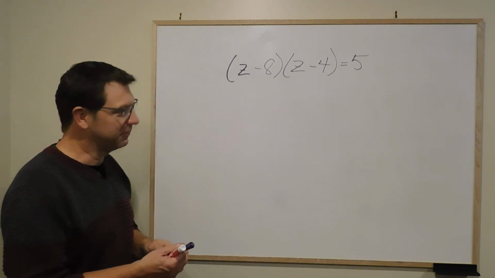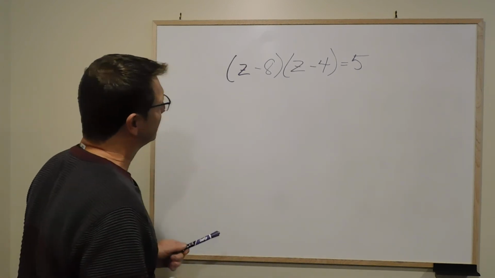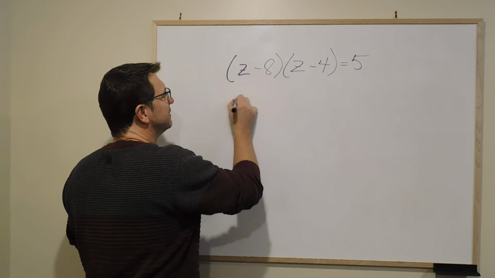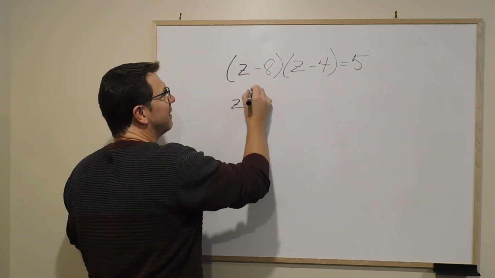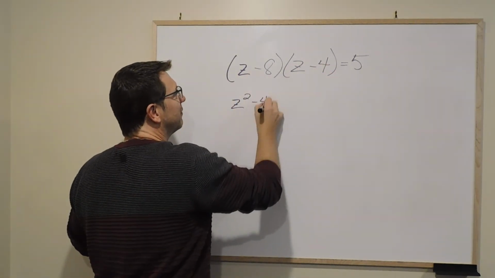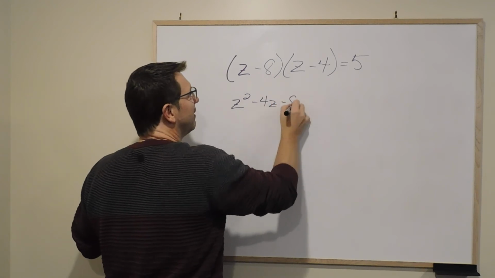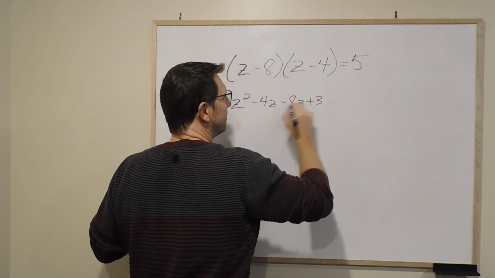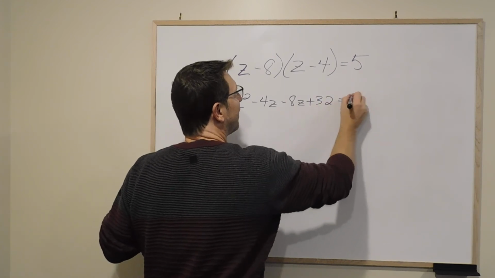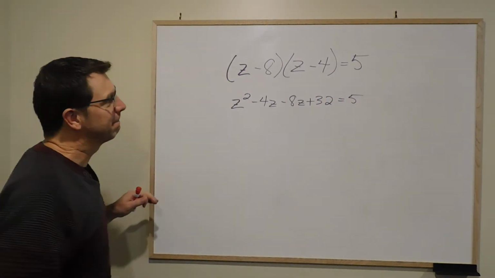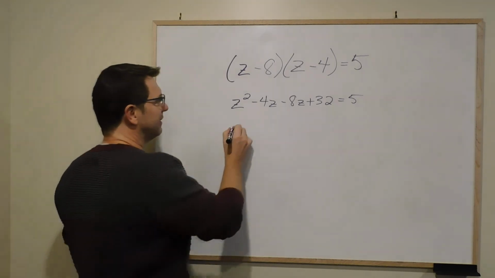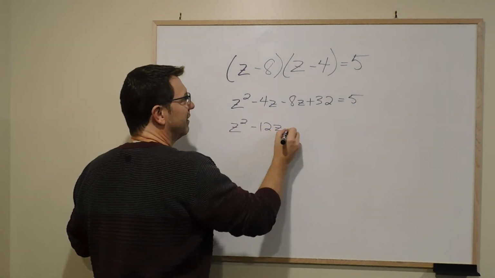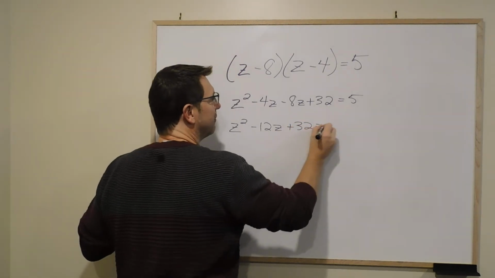So here's what we need to do. We actually, unfortunately, need to multiply this out. So this is Z squared minus 4Z minus 8Z plus 32 equals 5. Okay? And then we need to collect like terms. That's minus 12Z plus 32 equals 5.